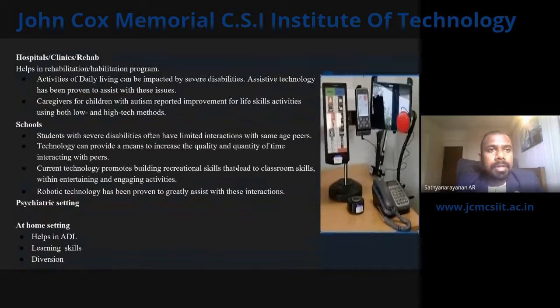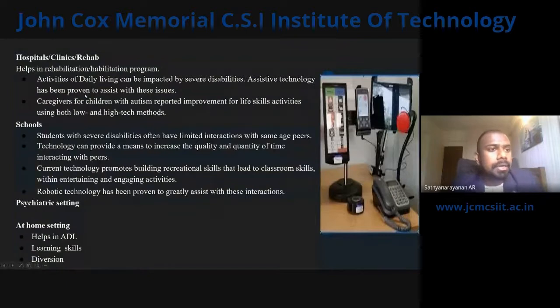In Lucknow there is a mental health department by the government, and also the government of UP. There are various state-wise social security missions, and various private institutions and organizations are involved.